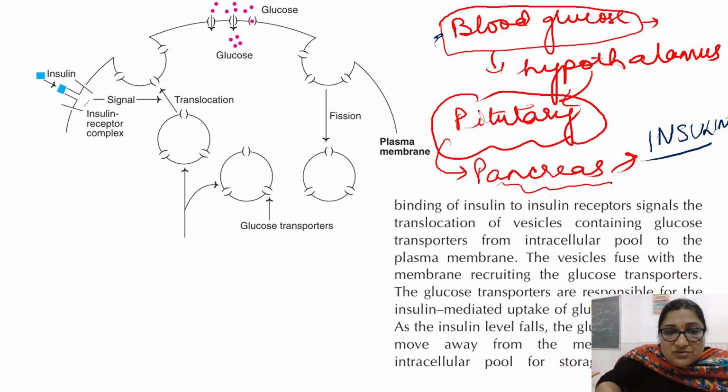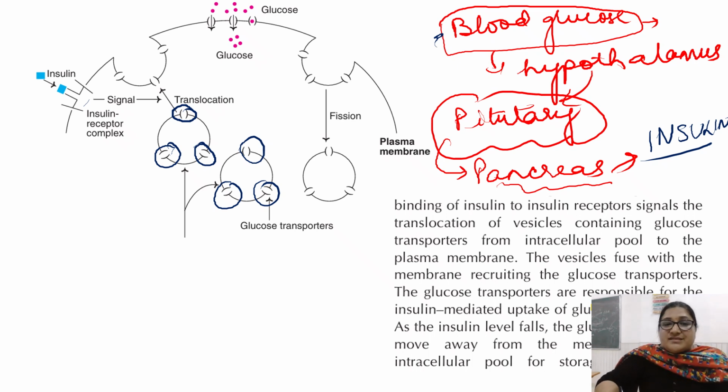Now these glucose transporters are attached to a vesicle. When they receive a signal that glucose is there, the vesicle fuses with the plasma membrane.